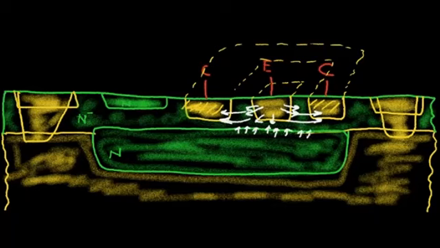What that built-in electric field does is it tends to prevent the holes from encountering this buried layer region. So the holes are kind of pushed up at the surface. And this PNP is called a lateral PNP because the holes go horizontally to the collector.